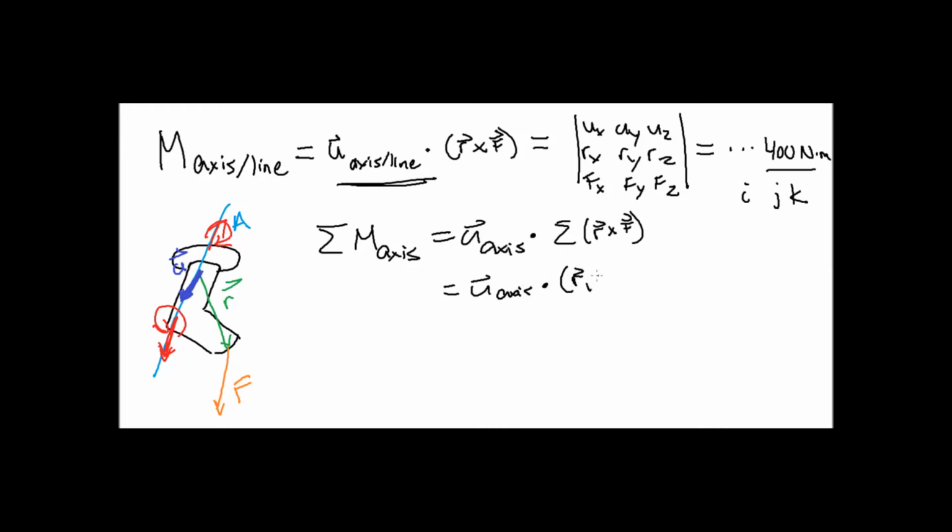Let's say we had two forces, F1 and F2. Now keep in mind that these position vectors don't necessarily need to be two different ones. R1 does not have to be different from R2 if F1 and F2 lie in the same place.